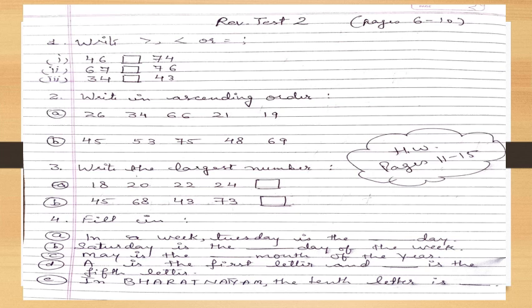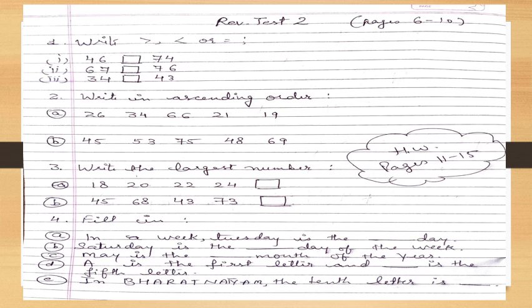Now children, question number 2, write in ascending order. In question 2, you have to arrange the numbers in ascending order. So children, ascending order means arranging the numbers from the smallest to the greatest. Now question 3, write the largest number.